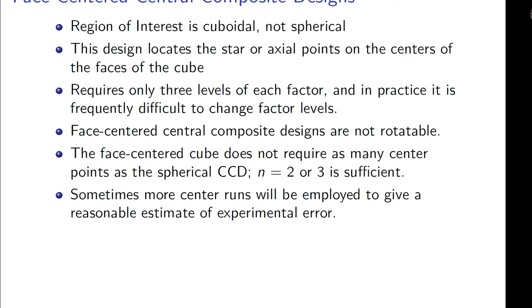If you do add more, then you can separate the instances of the center runs in fitting the surface in either the 2 or the 3 dimensions. Then you can actually get a better estimate of the experimental error.